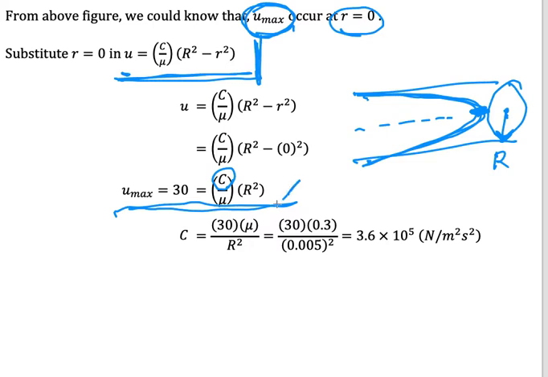We substitute all the values, so c is equal to 30 times mu over capital R square, where capital R is the maximum radius. If the diameter is 1 centimeter, the radius is 0.005 meter. So we get the constant as 3.6 times 10 to the power of 5.